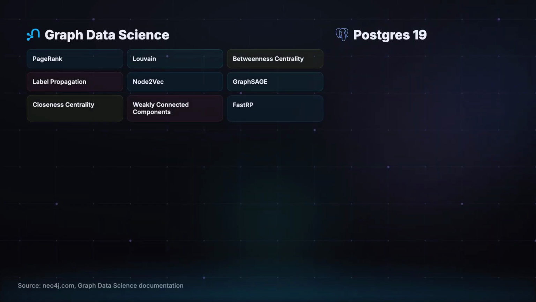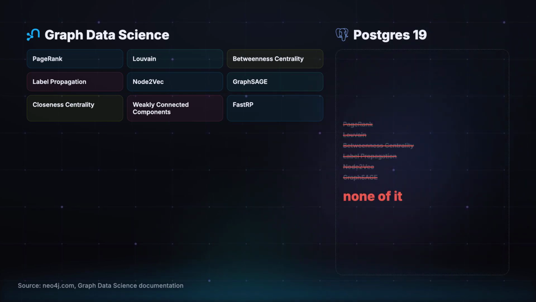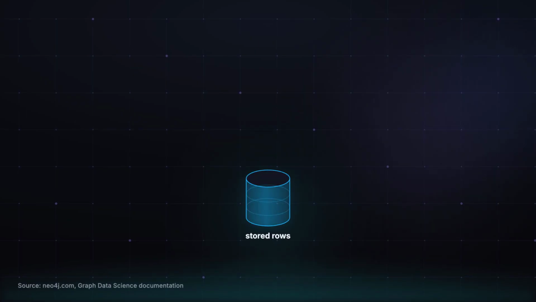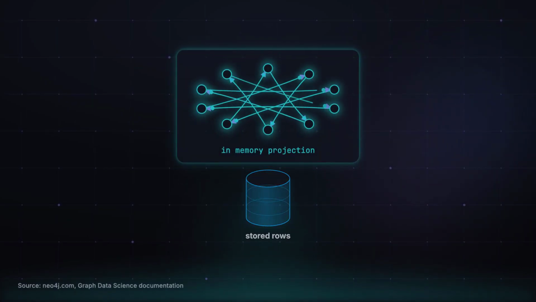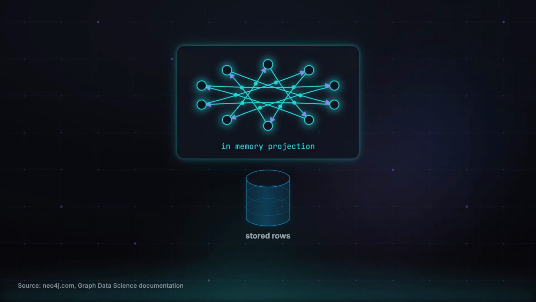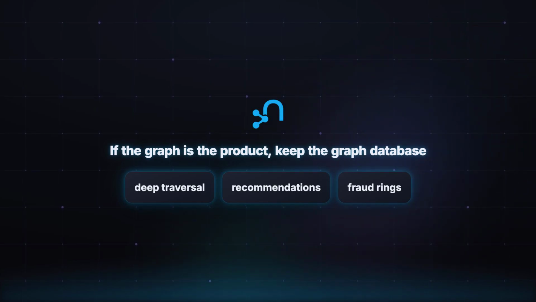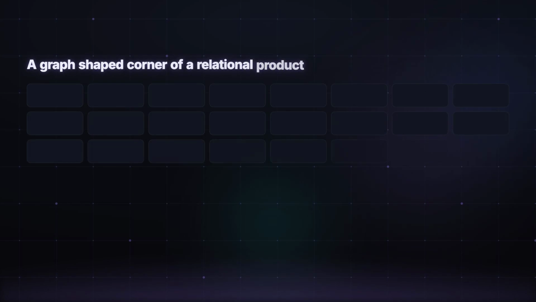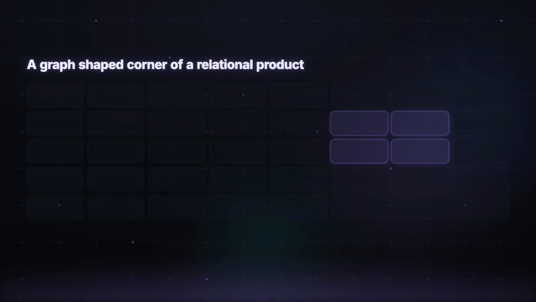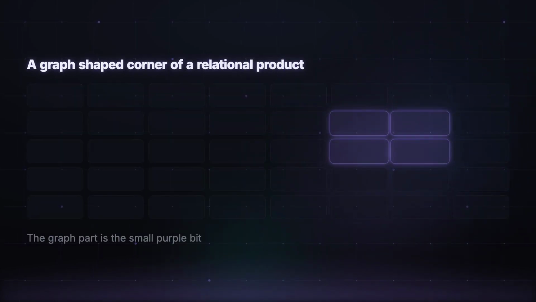Then there is the algorithm library, PageRank, community detection, node embeddings. Postgres has none, though even there, the graph gets copied into memory in a special format first. Not straight off the stored rows. So if the graph is the product, deep traversal, recommendations, fraud rings, keep the graph database. But most teams are not building that. They have a graph-shaped corner of an otherwise relational product.